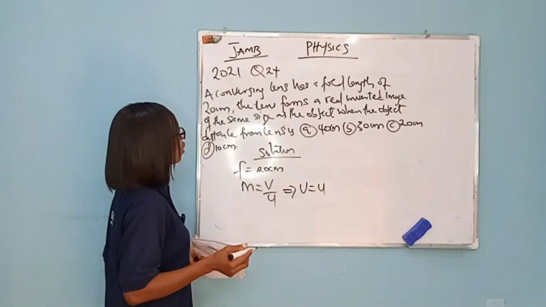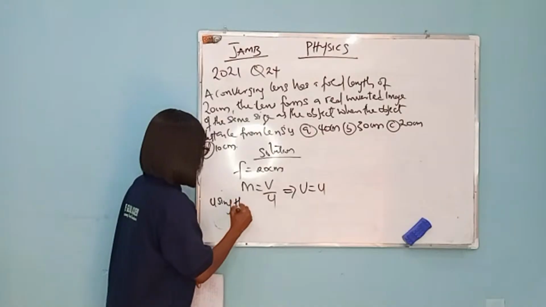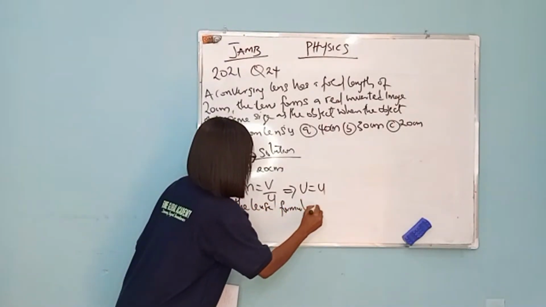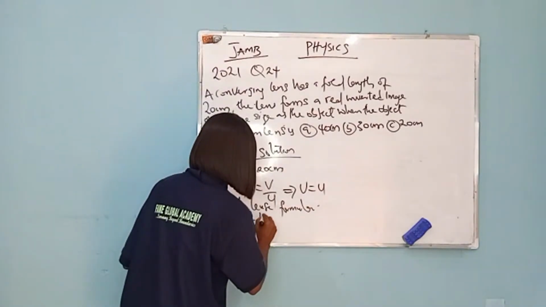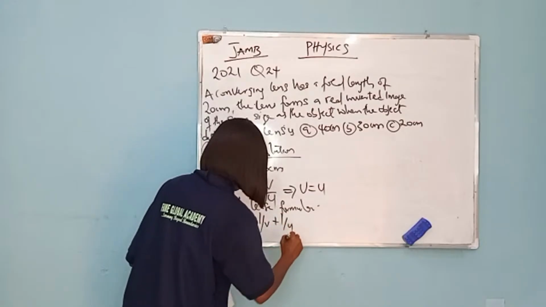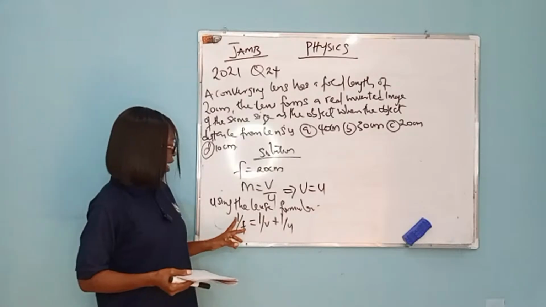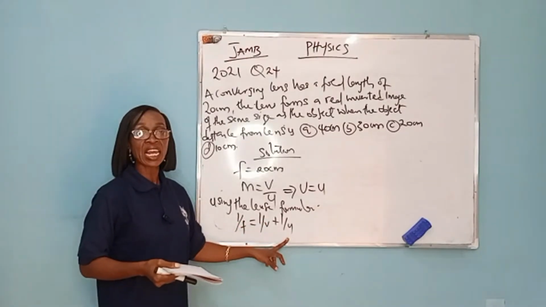Now, having known that, using the lens formula, I have 1 over F is equal to 1 over V plus 1 over U. This is the lens formula.